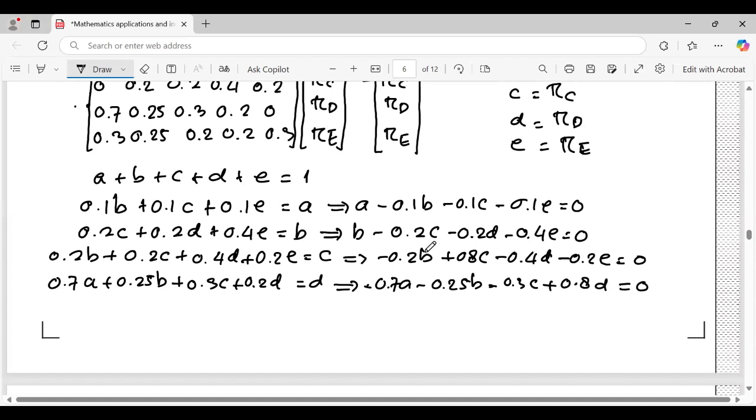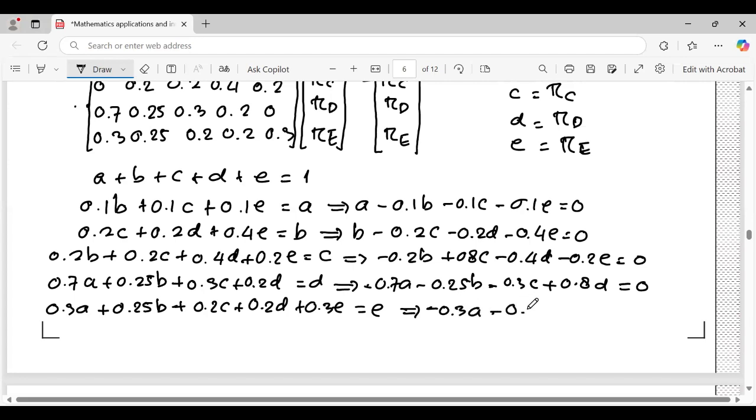Now the last row: 0.3A plus 0.25B plus 0.2C plus 0.2D plus 0.3E equals E, and we can arrange it: minus 0.3A minus 0.25B minus 0.2C minus 0.2D plus 0.7E equals 0.